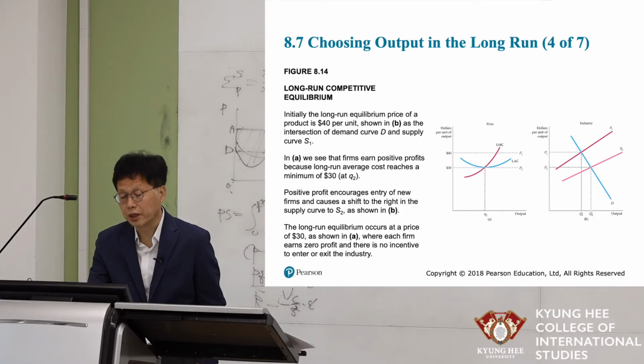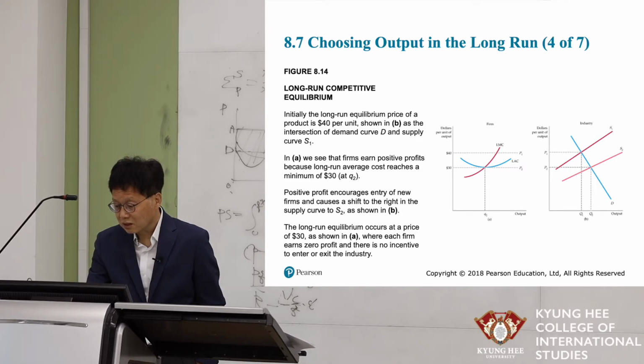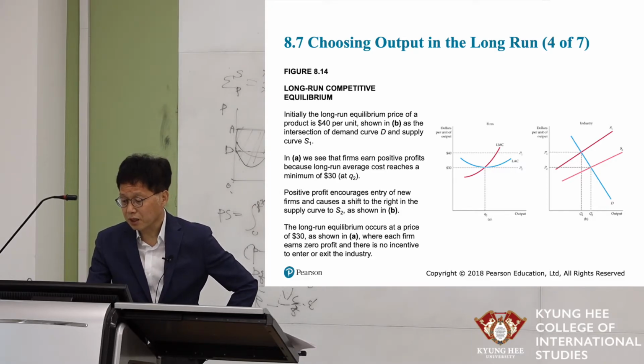So we have equilibrium price and equilibrium quantity, right? In this situation, for example, one individual firm enjoys a positive profit, right? In panel A, we see that firms earn positive profit if the market price is $40, right?